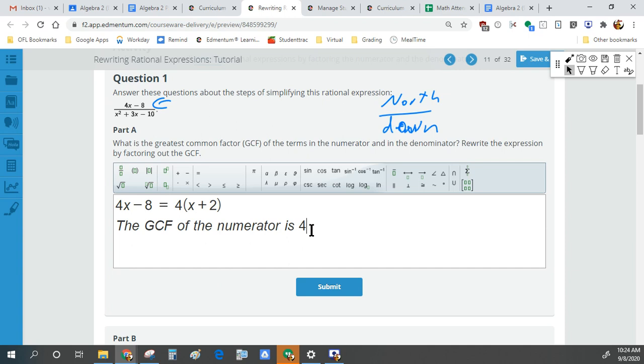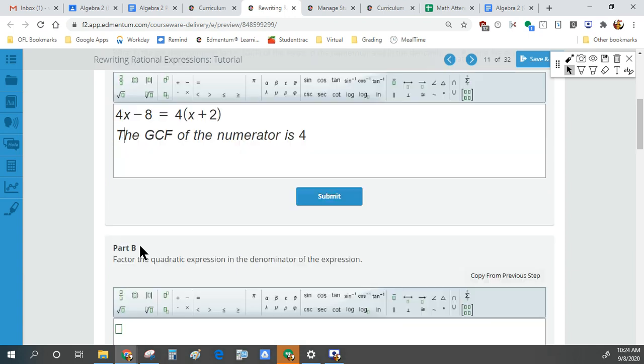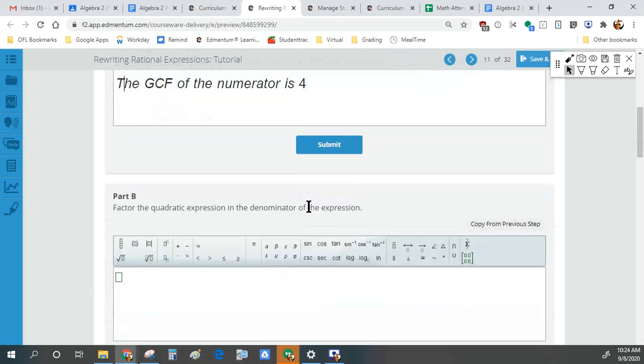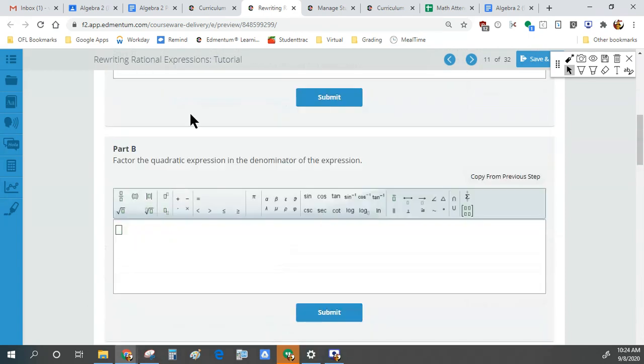You don't have to write all this down. I guess you could technically write all this, but you will have to do this work up top eventually. So I just decided to do it now. Factor the quadratic. So unfortunately here, they're not letting us do a box method. So what I would do is kind of cheat.